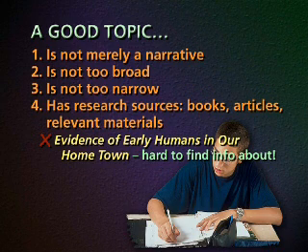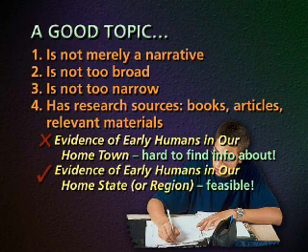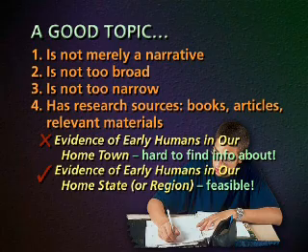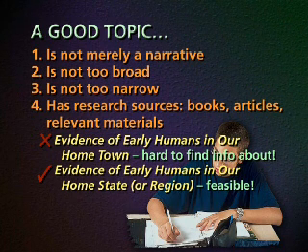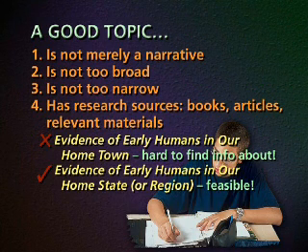So it probably would be very difficult to research that topic. Evidence of early humans in our home state or our region of the country would be a feasible topic because the chances are good that there is some evidence and some research material about that somewhat broader topic. So when choosing a topic, make sure it's one about which research sources are probably available to be studied and written about.